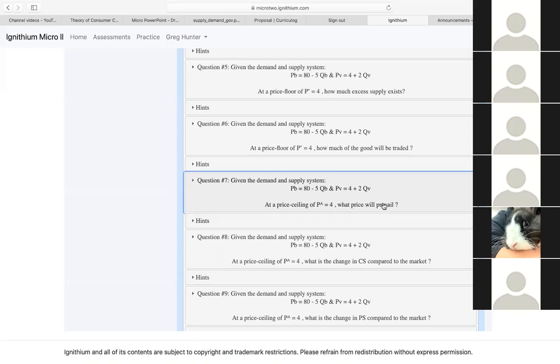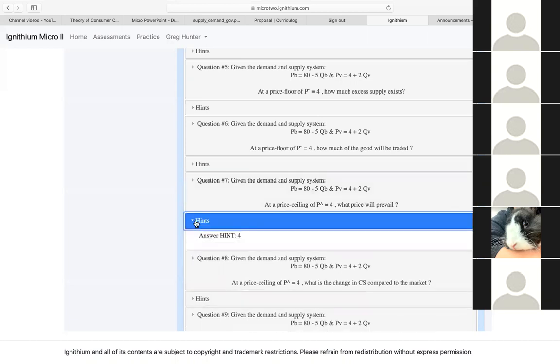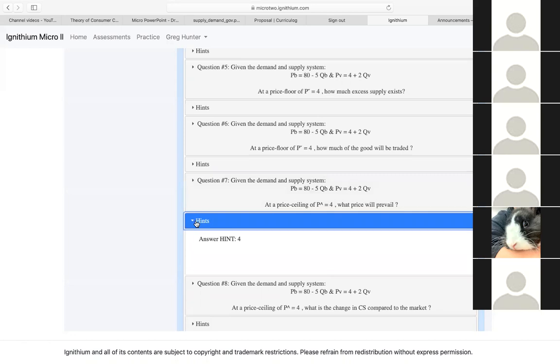But yeah, so the price that's going to be determined in the market, given that this is a binding price ceiling, is 4. Good job, Daniel. Thanks. The crowd goes wild. You didn't hear it, but everybody in the class is clapping for you, screaming.